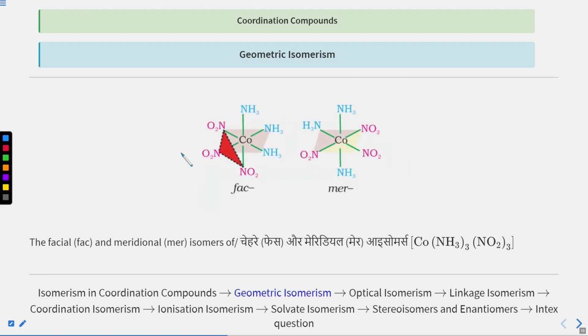So this image you must have seen. Now, if three of the NO2s are on the same side, they are making a face right here. Okay, they are making a face out of it. Whereas in this case, they are not making such face. Although they are cis, you can see very clearly that they are cis, right? But this is making a face, and this one is not making a face.